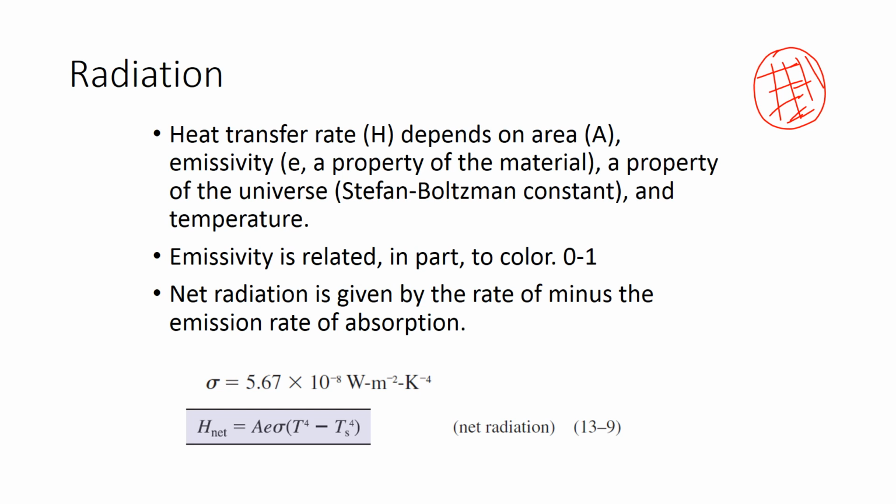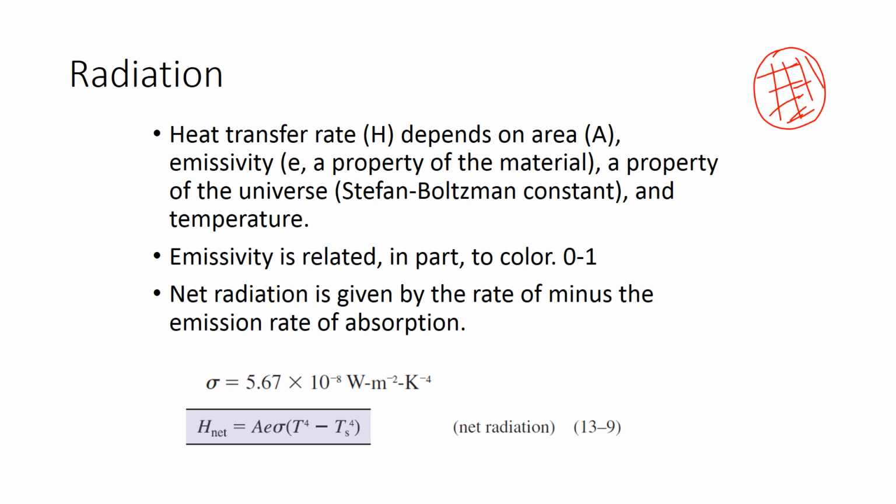A property of the universe that we call the Stefan-Boltzmann constant comes into play when talking about radiation, and it relates to the amount of heat that can be carried by a given photon, the amount of energy, if you prefer. And also the temperature of the emitting object and the temperature of the absorbing object.